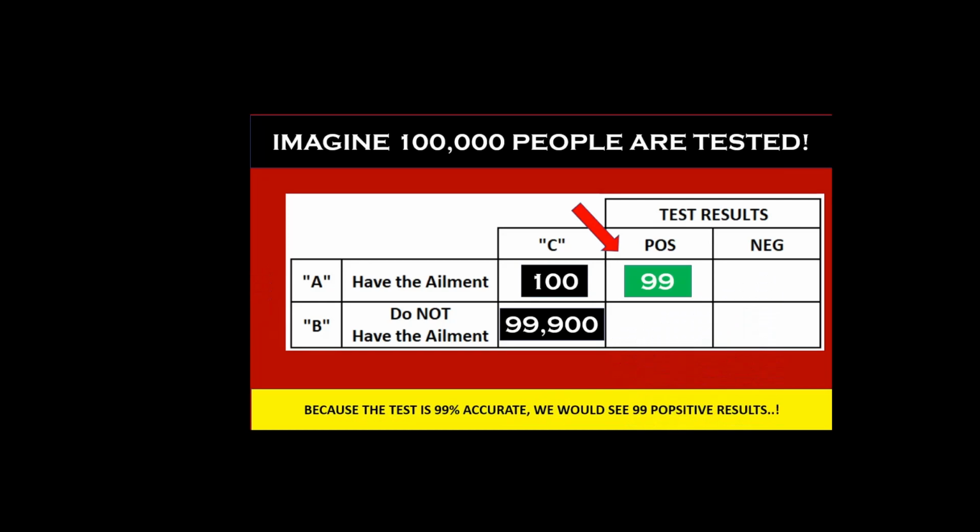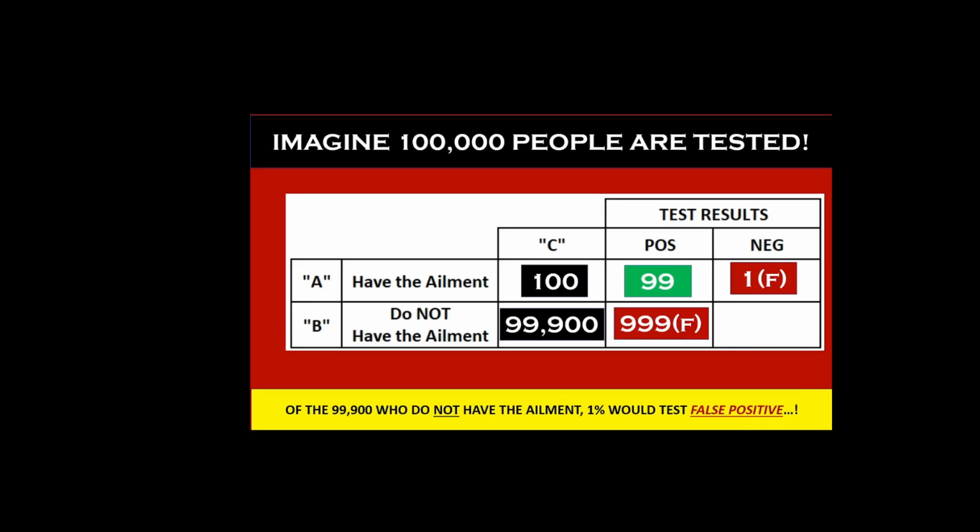Now, because the test is 99% accurate, we would see 99 positive results and 1 false negative. That is, 1 person who actually has the ailment will be told that he does not have the ailment. Fair enough? Now, of the 99,900 people who do not have the ailment, 1% unfortunately would be tested as false positive.